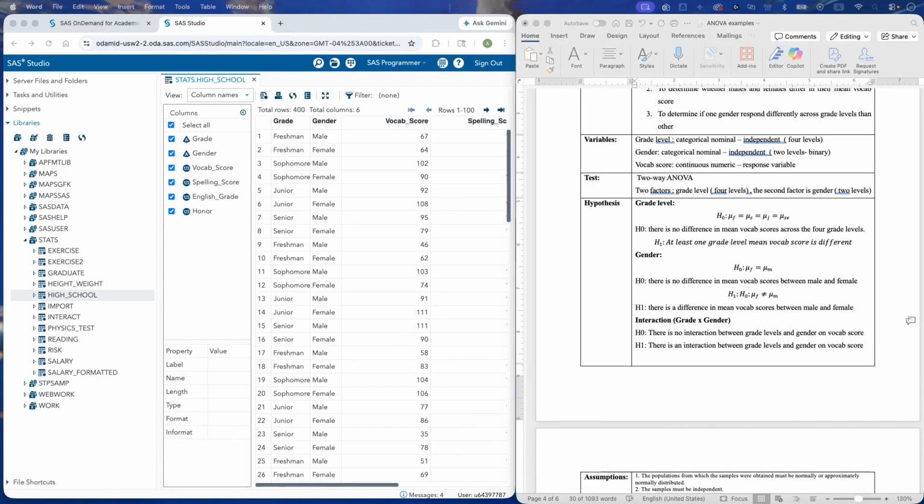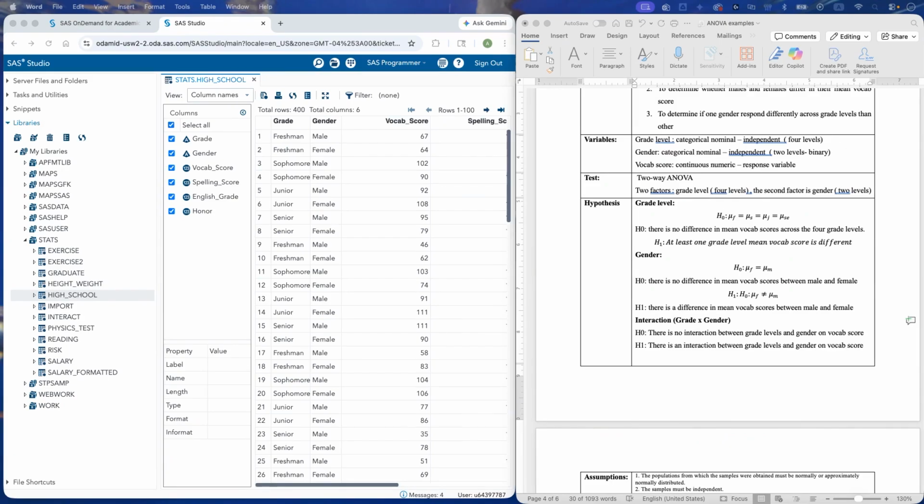What does this interaction term mean? Under H naught, we say there is no interaction between grade levels and gender on vocab score. Actually, the question for the interaction hypothesis is: do we have a difference in the average vocab scores across the grade levels, and does this depend on whether you are a male or female?